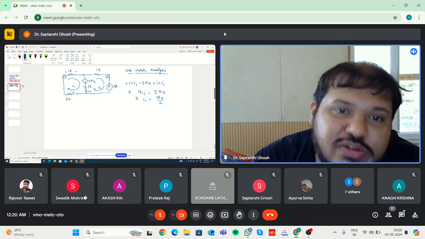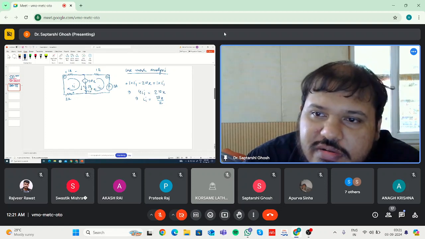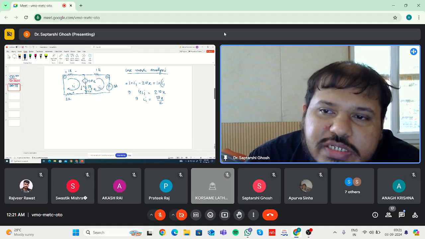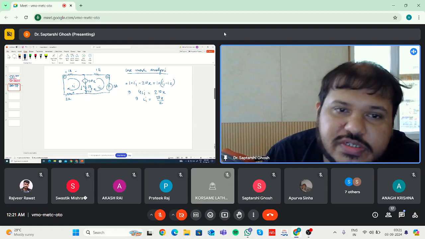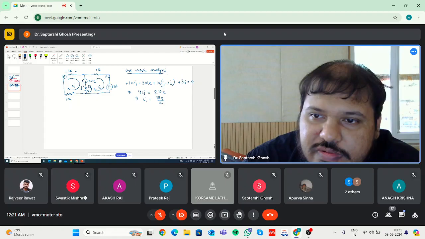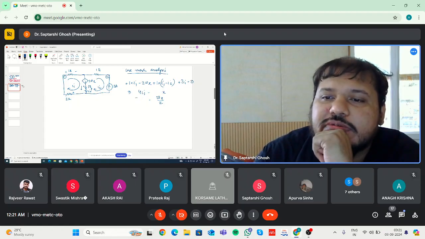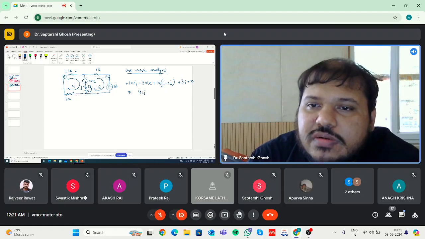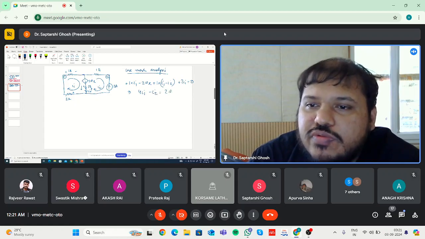You also have to consider I2, because I1 is flowing through this part and I2 through this part. So the net current across this 1 ohm resistance will be I1 minus I2. We are considering I1 greater than I2. So both I1 and I2 will be there, that is 4 I1 minus I2 will be equal to 2 Vx.